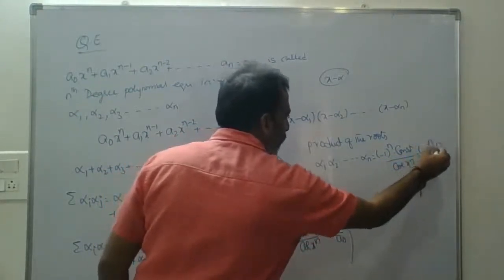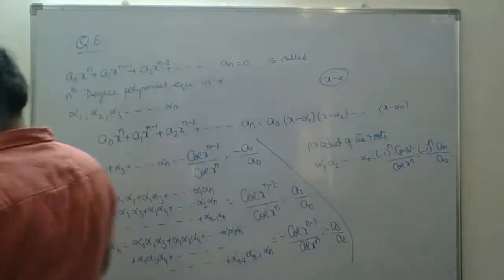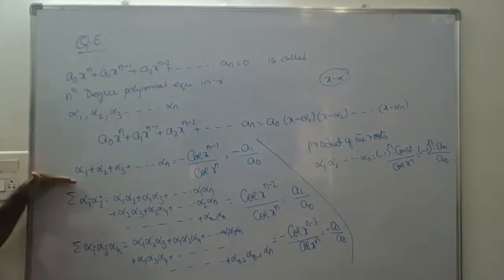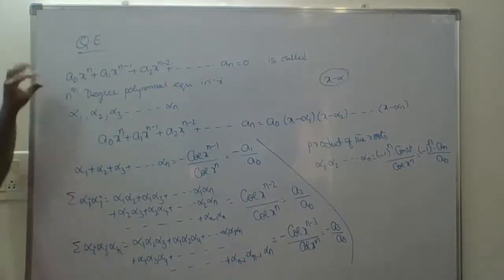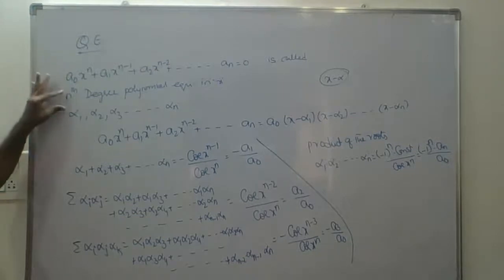So minus 1 whole power n into an by a0. See, for an nth degree polynomial equation, how many roots do we have? N roots.